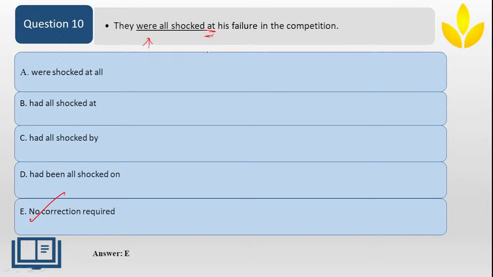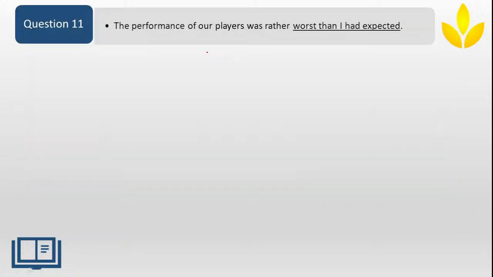Question number 11: the performance of our players was rather worse than I had expected. Here, perfect is used, past perfect to be precise, "had expected." So there were two things happening.